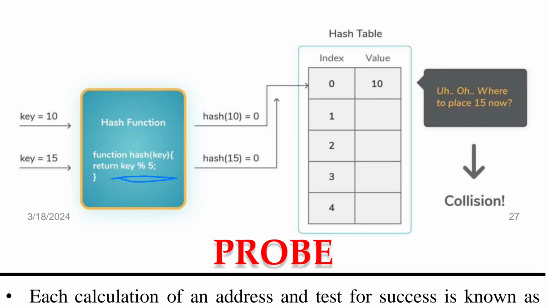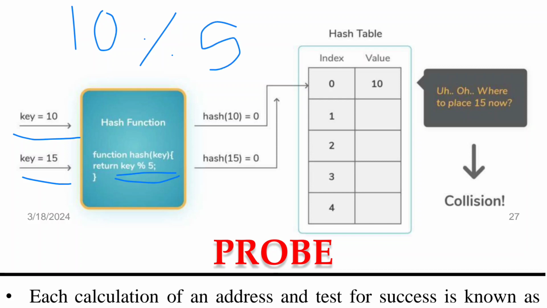Suppose I have the keys 10 and 15. Let's use the hash function key mod 5. So 10 mod 5: what is the remainder? The remainder is 0. So I put the value 10 into index 0.